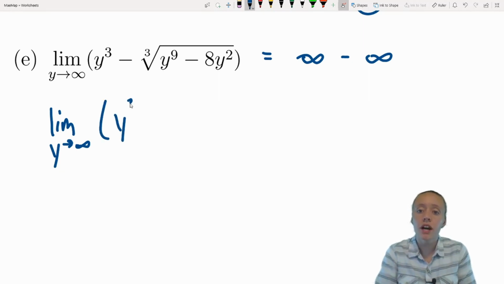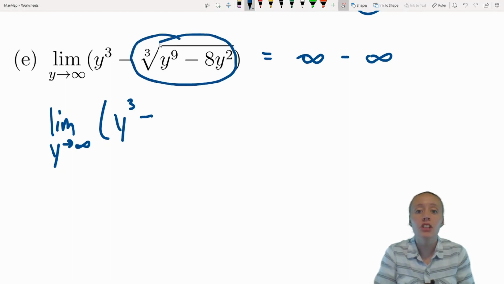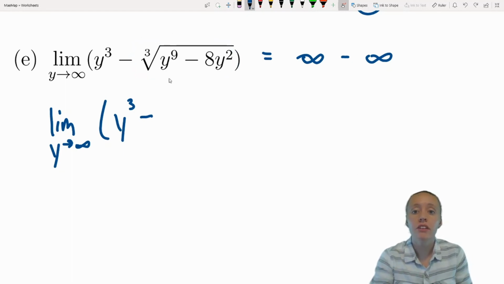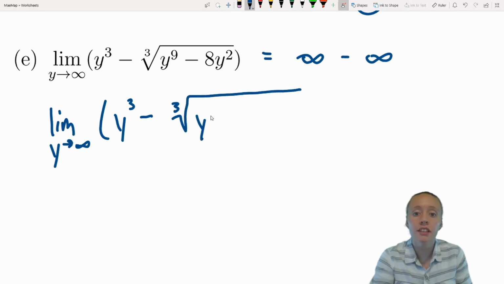So rewriting y cubed, because that one I can easily pull out, how do I get a y cubed out of this? Well, that's if I have a y to the 9th multiplied by everything. So I'm going to have the cube root of, I want y to the 9th multiplied by everything. So that means that this first term is 1. Y to the 9th times 1 gives me y to the 9th.